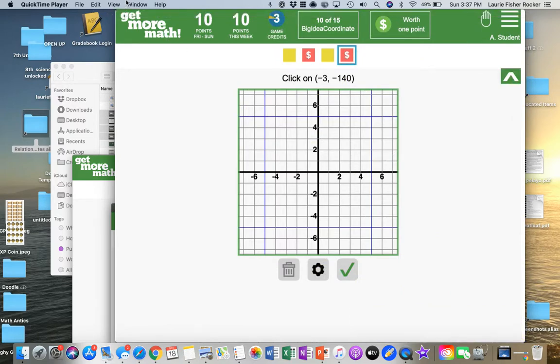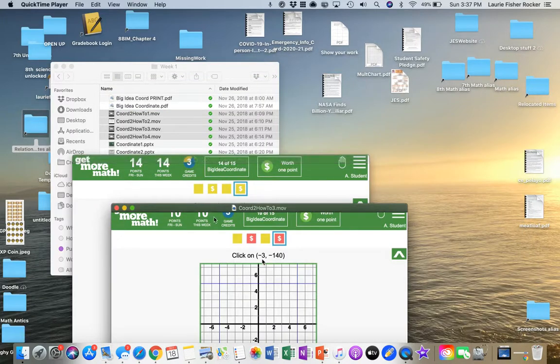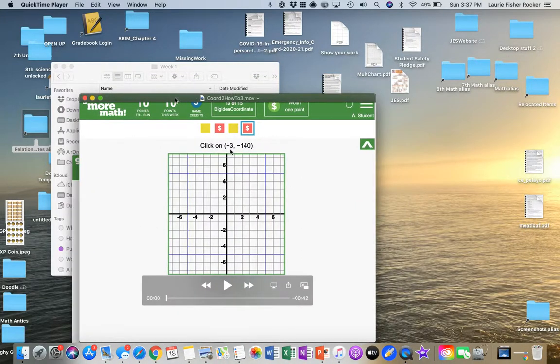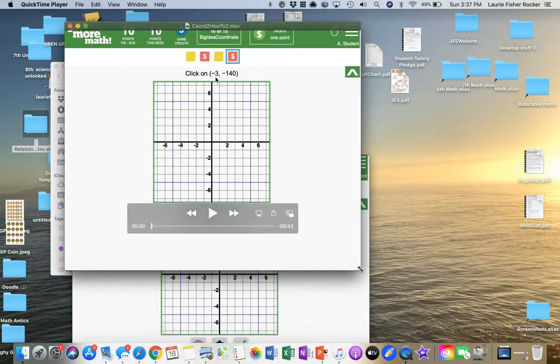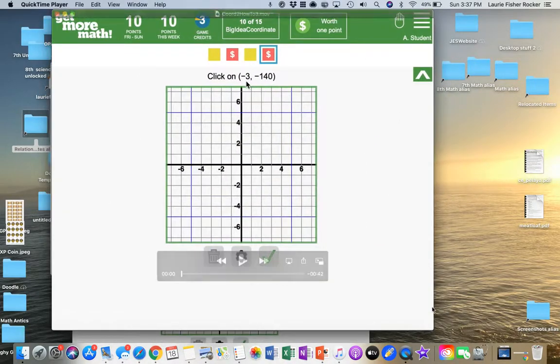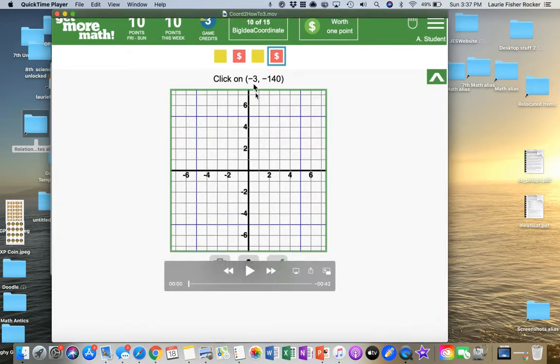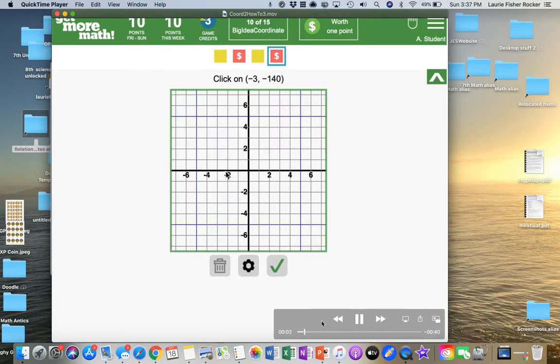Okay, so then we look at a different type of problem. That's 2. This is 3. All right. So click on -3, -140. Okay, so this is similar to the first one that we did. But -140 is pretty big, so I think we're probably going to be off this graph. So again, we're going to look at these tools here. We can go to -3, but we cannot go to -140. So click on the tools.